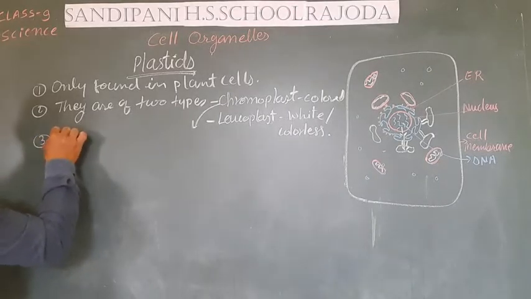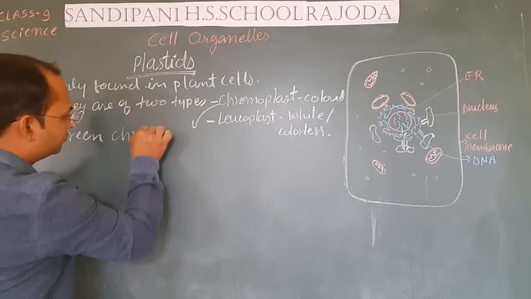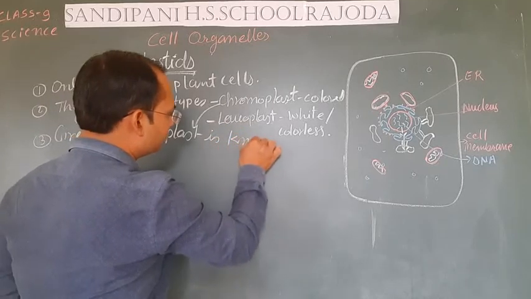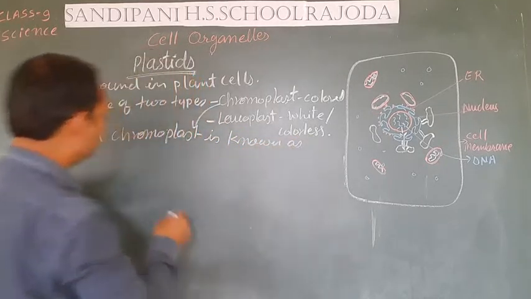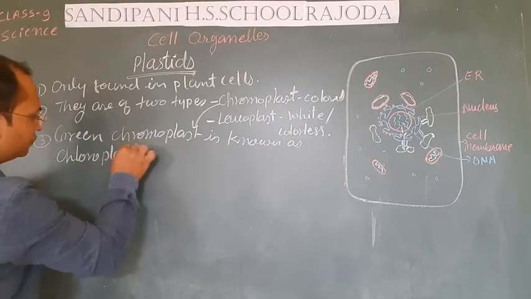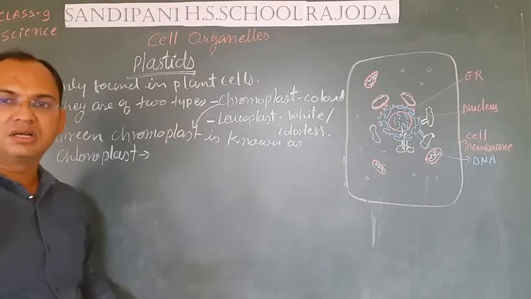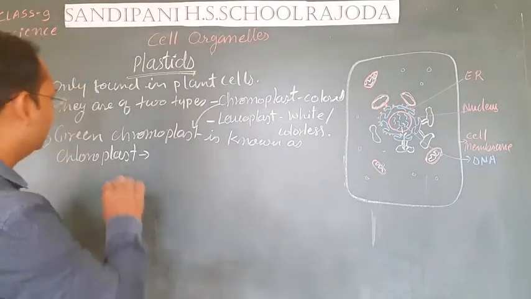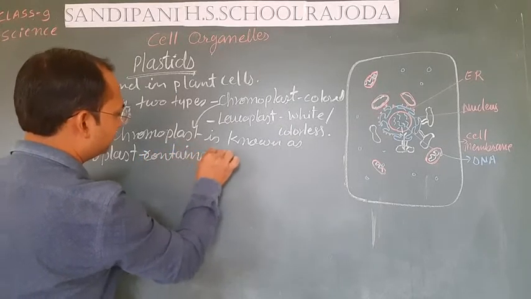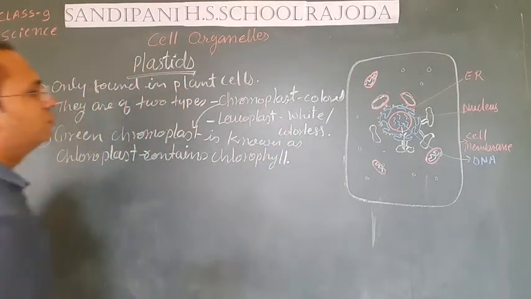So, third, green chromoplast is known as chloroplast, and a special pigment is present in chloroplast, that is chlorophyll. Chloroplast contains chlorophyll.